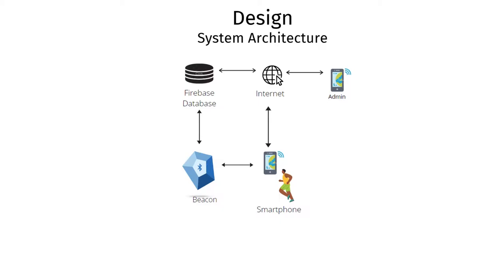If it's true, then only the phone will accept the beacon as a checkpoint. If the UUID from the beacon is different, then the phone will not accept the beacon signal as a checkpoint.